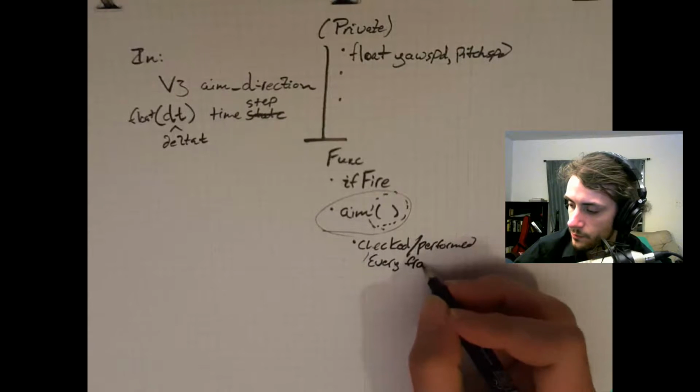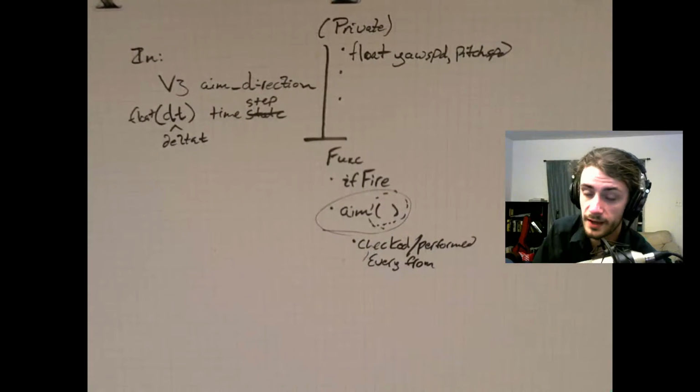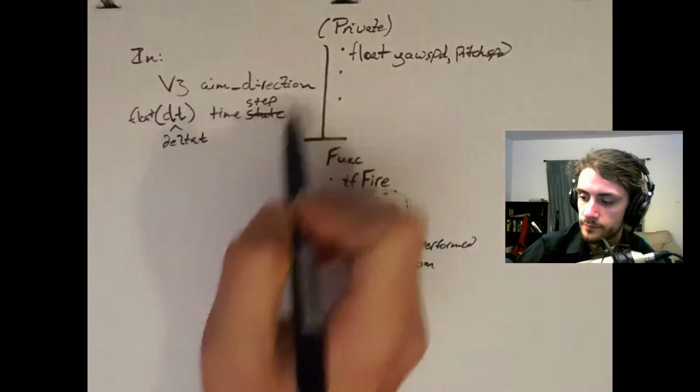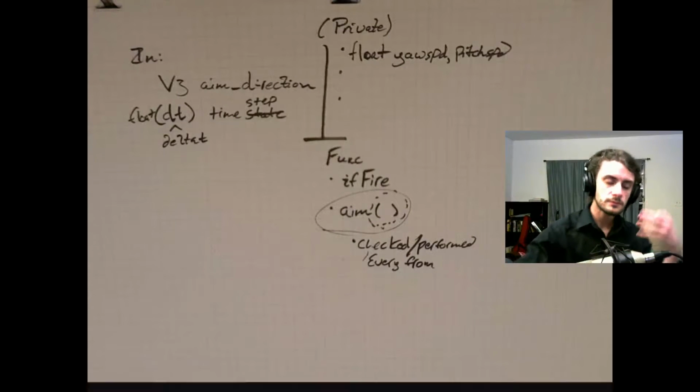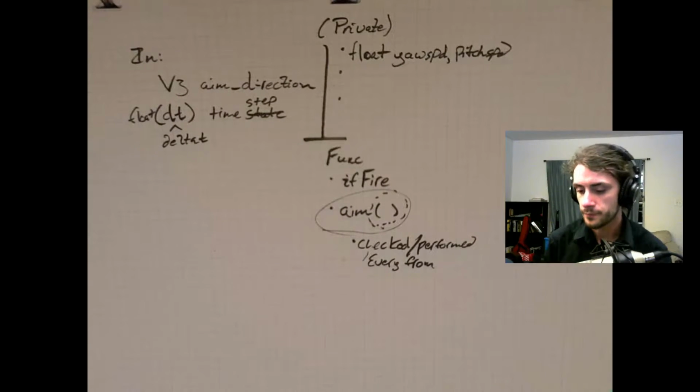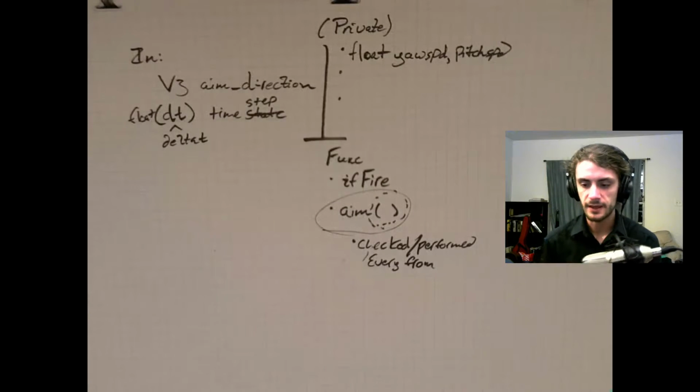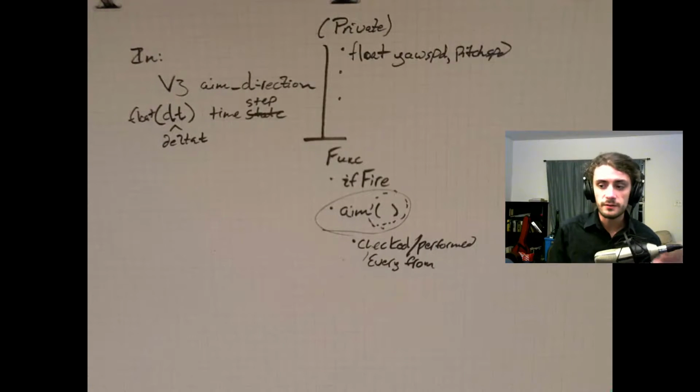So what I'm thinking is aim will be like, when we have a target, when we have an aim direction to go in, then we will do the aiming. But there might be some circumstances in the game where you don't want the turret to be moving around. You might say just keep aiming the direction that you're aiming in, which will be like there's nobody controlling it, there's no targets in range.